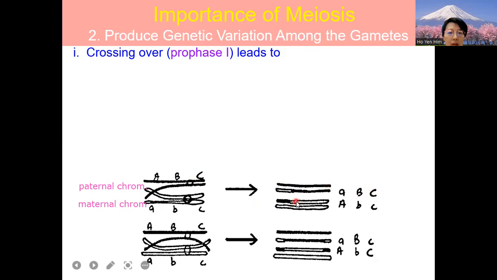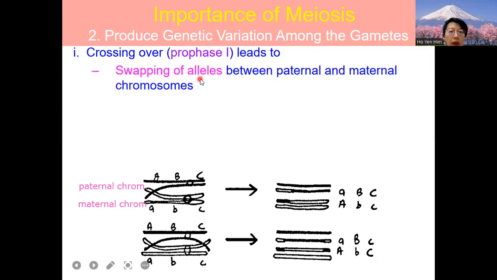Same for the maternal chromosome, originally small a, small b, small c. After crossing over, this chromatid of the maternal chromosome has big A, small b, small c. So all these chromatids are genetically variable because of crossing over. Crossing over during prophase 1 leads to swapping of alleles between paternal and maternal chromosomes.